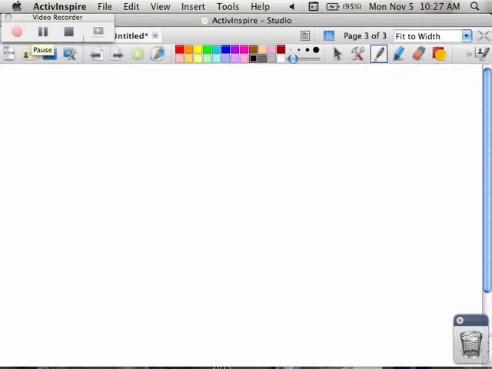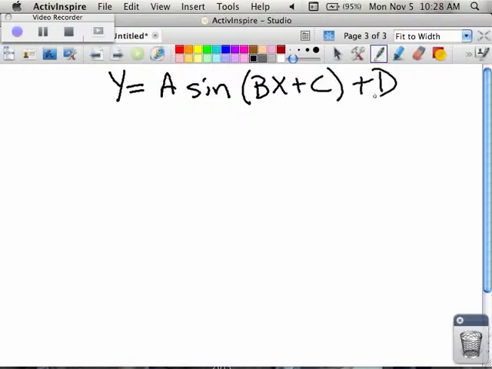So if you pull out your packet, you'll notice that there's a box on the second side that has some important information. And I want to remind you that we were talking about y equals a sine parentheses bx plus c plus d. They might have minus c in there, I don't know. They have minus c, whatever, it doesn't really matter. We'll be fine.